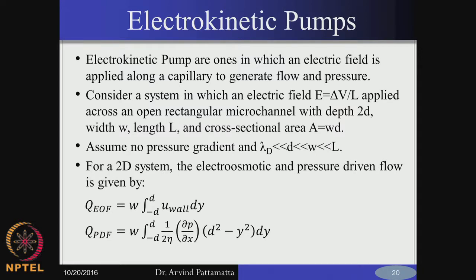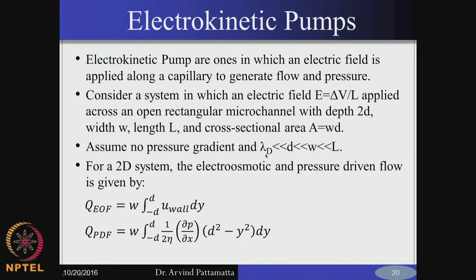In this case, you do not have to directly assume a pressure gradient right away, but you can also have this, and you also make sure that d by length is much smaller than the depth or the height of the channel, and this height should be lesser than the width, so that it can be made a 2-dimensional assumption, and this width should be lesser than L.